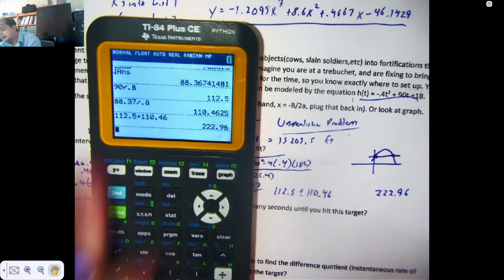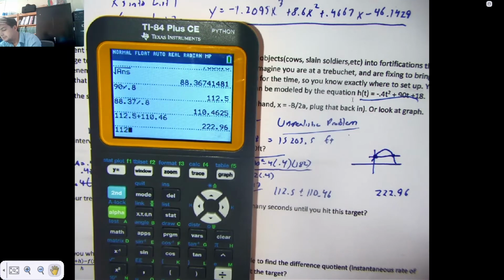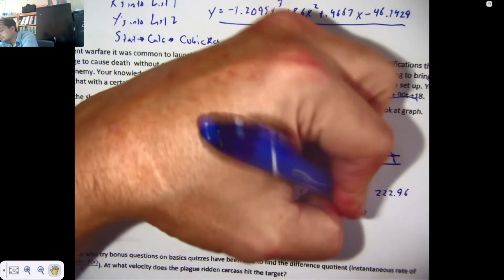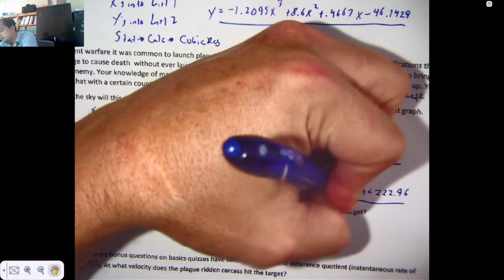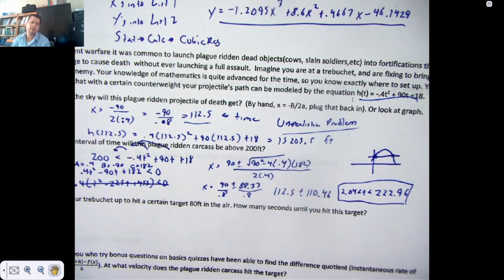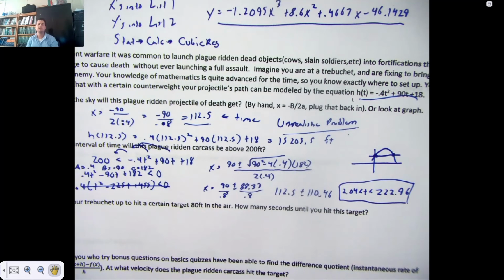If I subtract 110.46, I get 2.04. And the time is simply stuck in between those two things, roughly between 2 and 223 seconds.